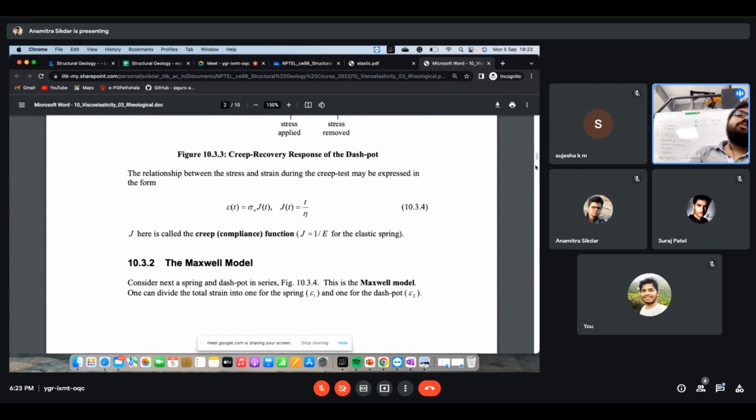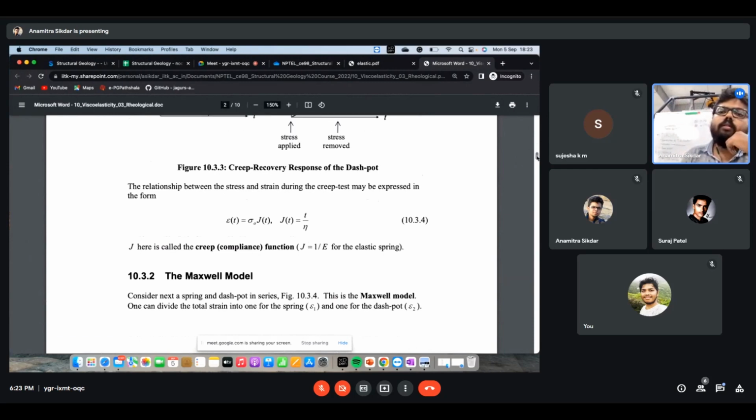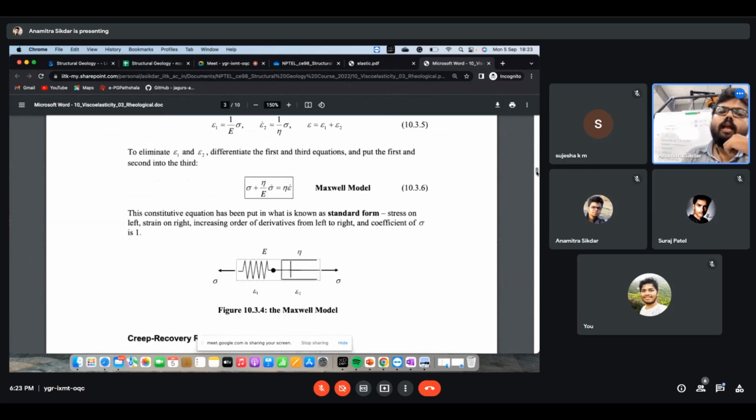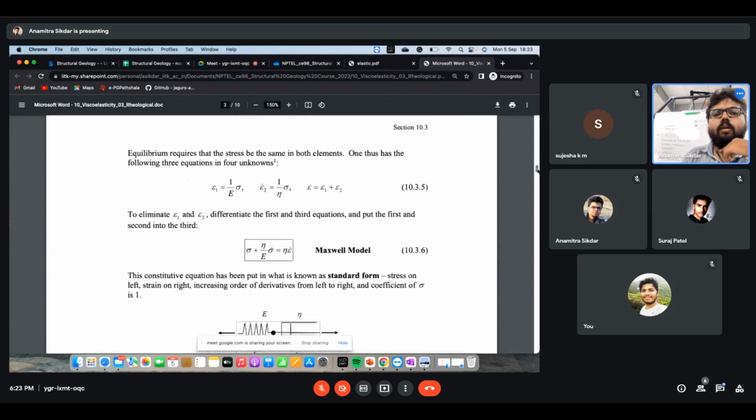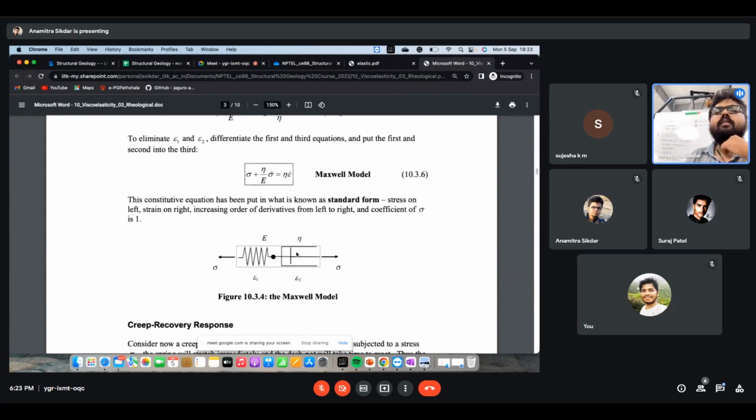So if we want to explain these things, we see there are some kinds of complex models. Suppose you have an elastic model and you have a viscous model, you just couple these two so that you can explain the response. So there are the Maxwell model, the Voigt-Kelvin model, and then the Bingham model. In the Maxwell model, there is the spring and the dashpot.